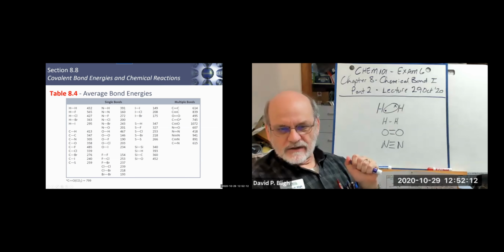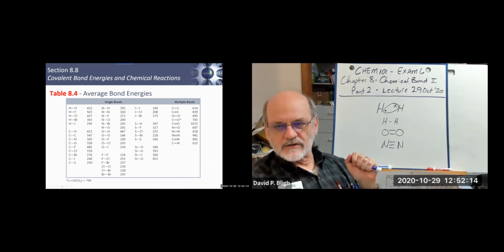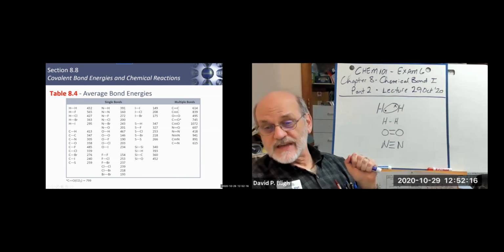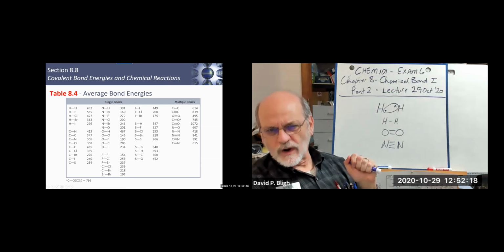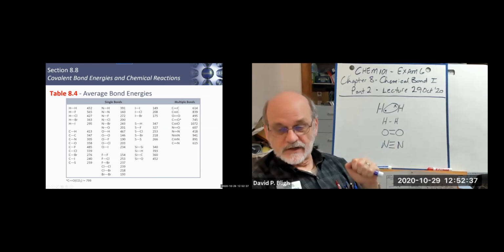Let's find a double bond where nitrogen is bound to another nitrogen here. 607. 418. So 160. Actually, that blows holes in my theory, doesn't it? So a double bonded nitrogen is more than twice as strong as single bond nitrogen. Well, there it is.